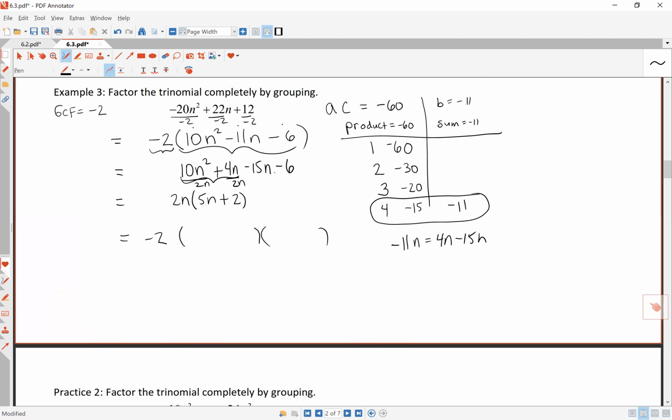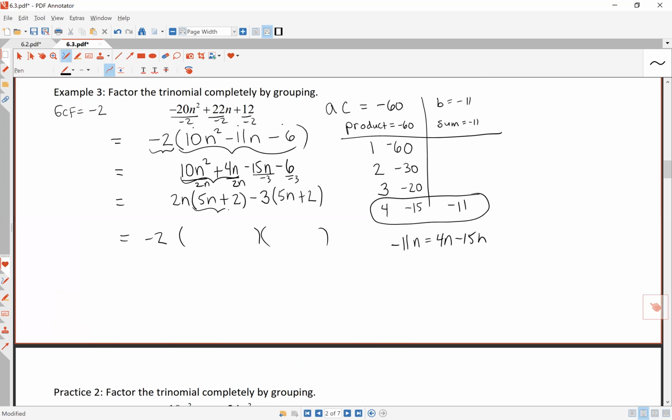From the negative 15n minus 6, I'm going to factor out a negative 3. Dividing by negative 3, negative 15n divided by negative 3 is 5n, and negative 6 divided by negative 3 is positive 2.